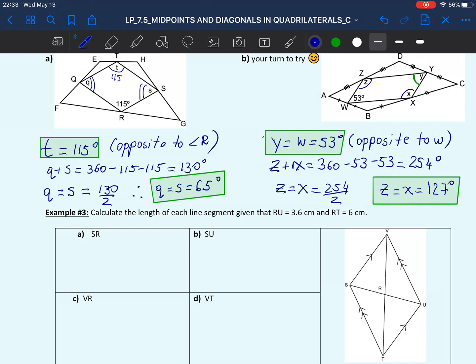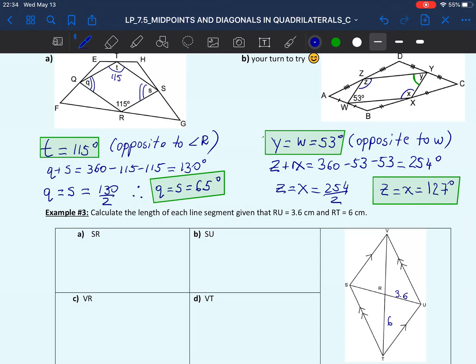It's better, especially when you solve geometry questions, to put all the numbers on the diagram. So RU is 3.6 and RT is 6 centimeters.